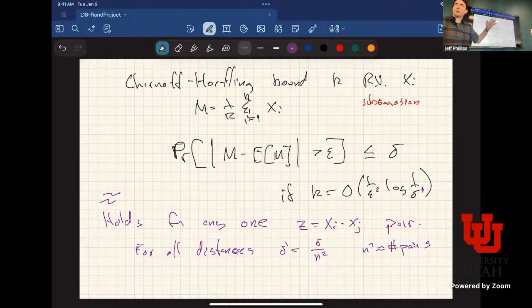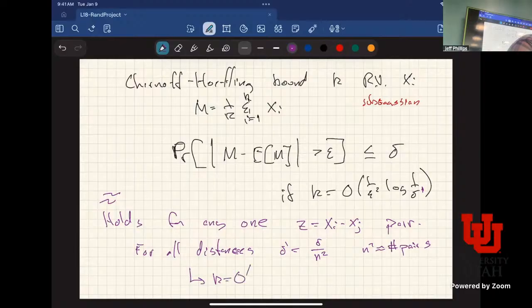It's n choose 2, but approximately n squared. So I'm going to make delta prime, the probability of failure, much smaller by a factor of n squared. But this is inside of a log term. So this allows me to say that k for all distances is 1 over epsilon squared times log of n squared over delta.